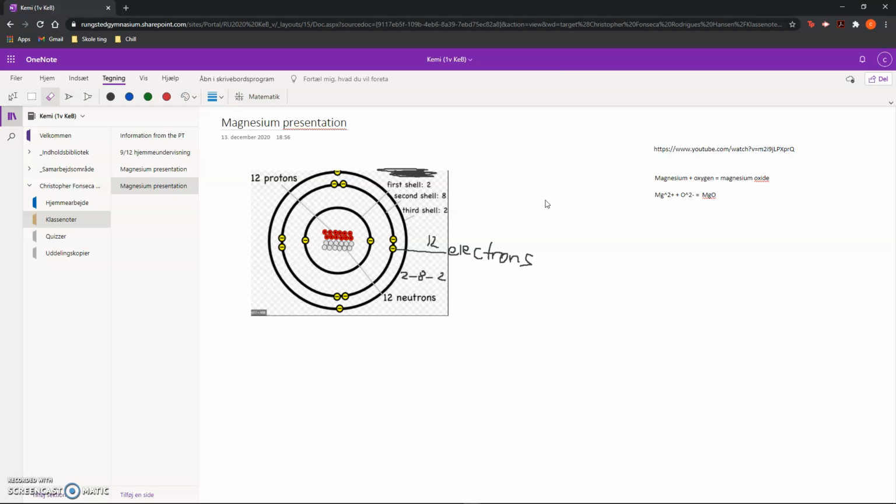The magnesium 24 is the one we see right here, which has a total atomic mass of 24 and 12 electrons, while magnesium 25 has 13 electrons, and magnesium 26, as you could have guessed, has 14 electrons.